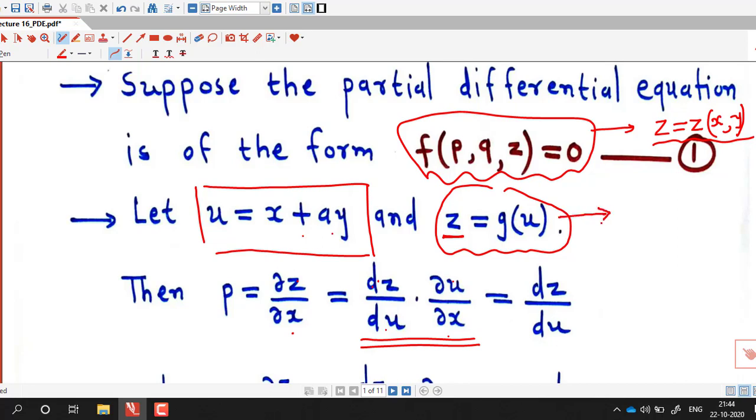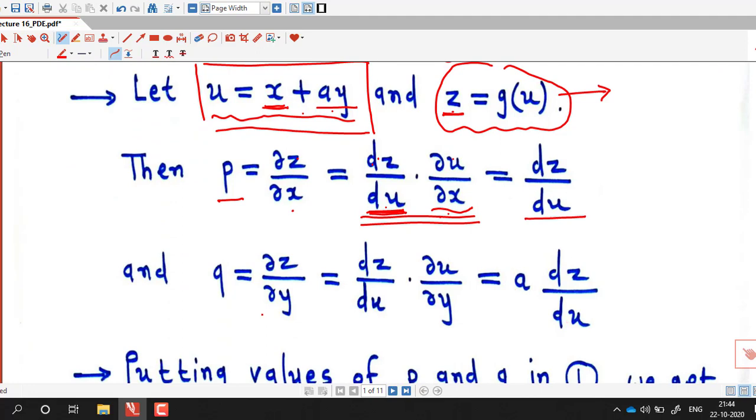So if we are differentiating z with respect to x, first we have to differentiate z with respect to u, and in the product we have to write partial derivative of u with respect to x. Now from this we can see del u by del x is nothing but derivative of x, which is 1, and derivative of ay is 0 with respect to x. So del u by del x is 1, and therefore small p is nothing but dz by du.